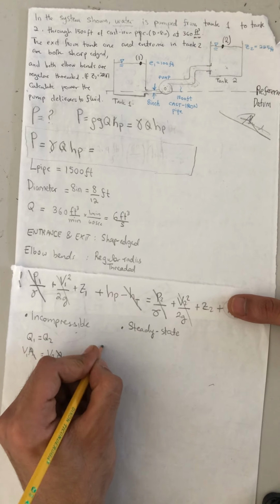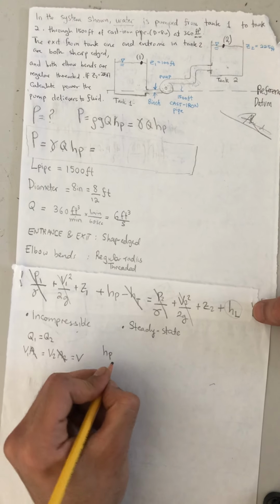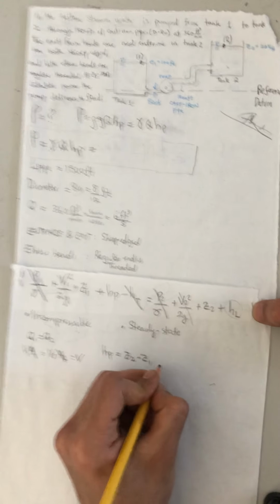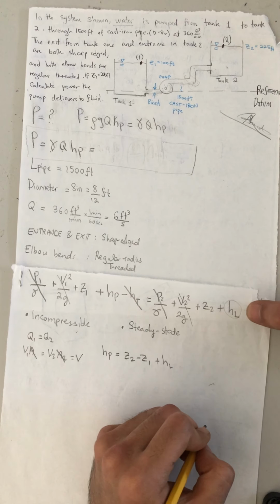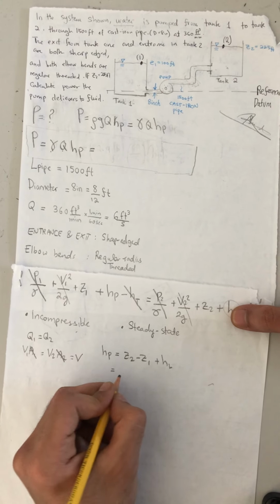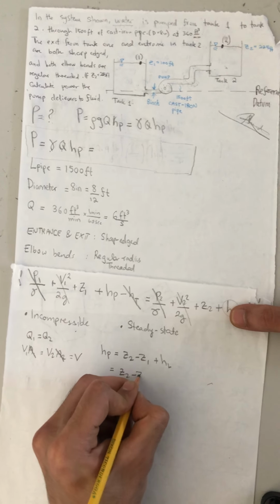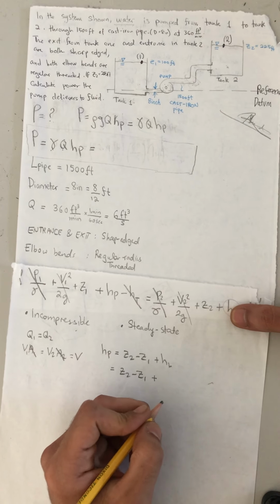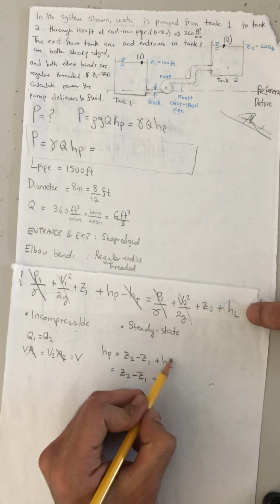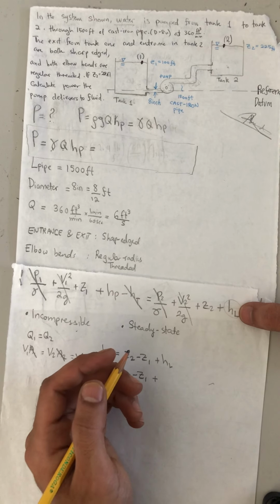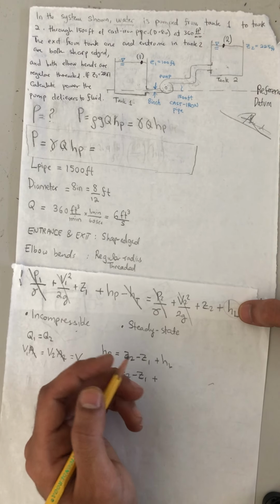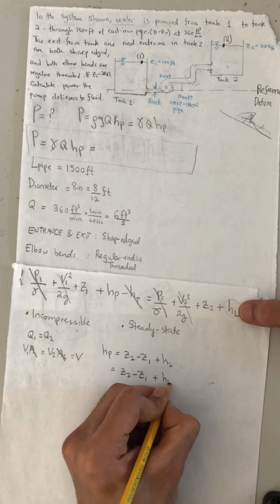Solving for HP, we are left with Z2 minus Z1 plus HL. We know Z2 and we know Z1. However, as we just said, this head loss term includes the head loss minor and the head loss major.